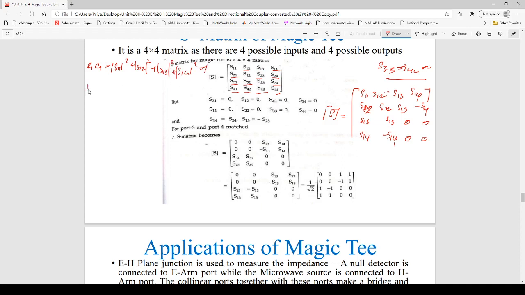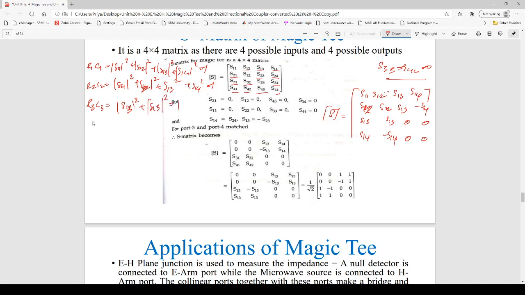In the same way, for R2C2, I'll get S11 square plus S12 square plus S13 square plus S14 square equal to 1. For R3C3, I'll get S13 square plus S13 square equal to 1.